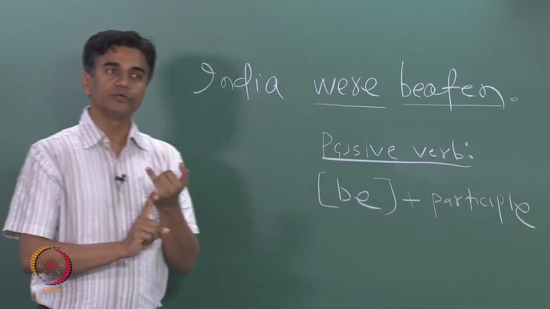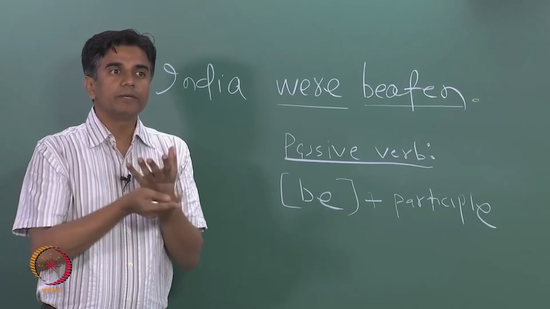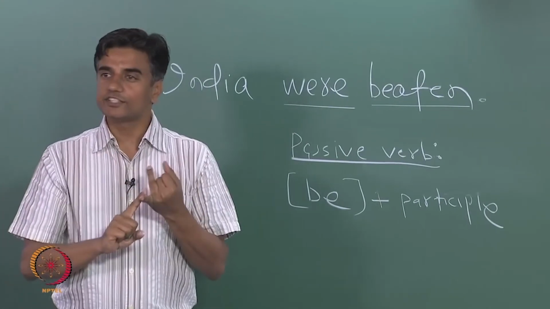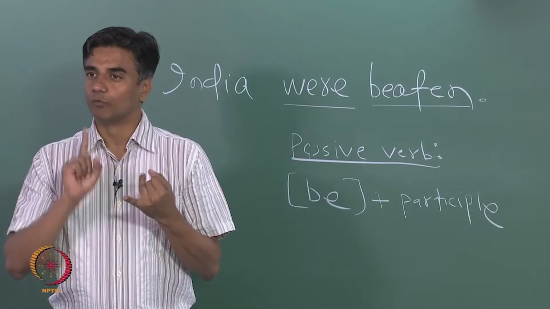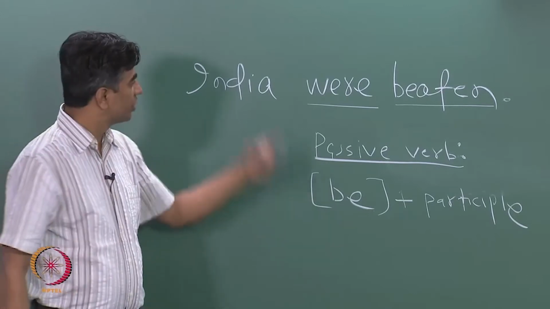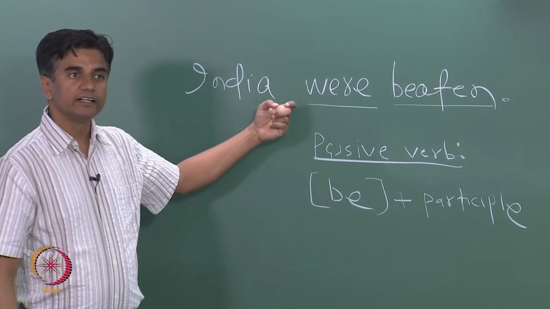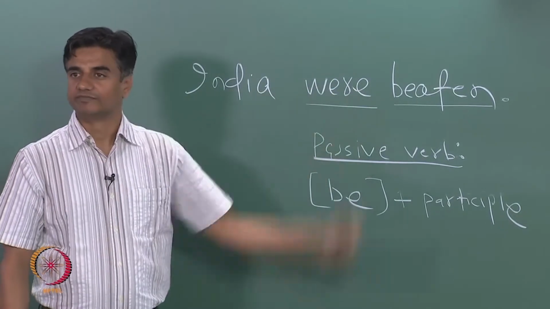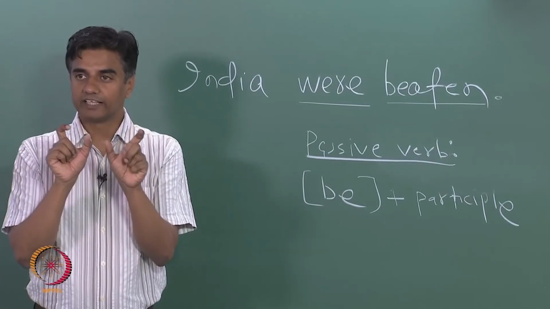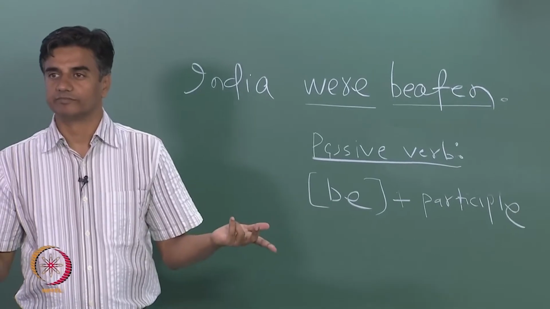So now I have shown you the complete transformation from active to passive. Agent does not remain agent. Verb does not remain. Verb becomes something else, which is not exactly as in Sri Lanka beat India. So the verb is no more beat, right? And the object is no more there.